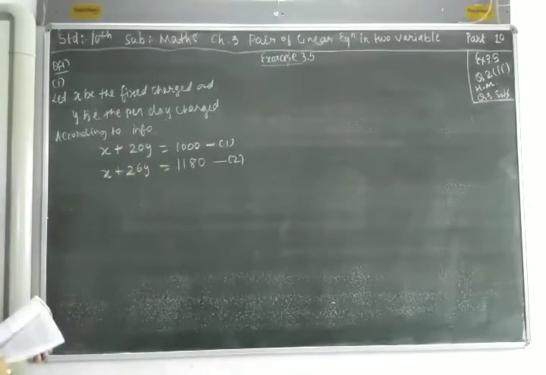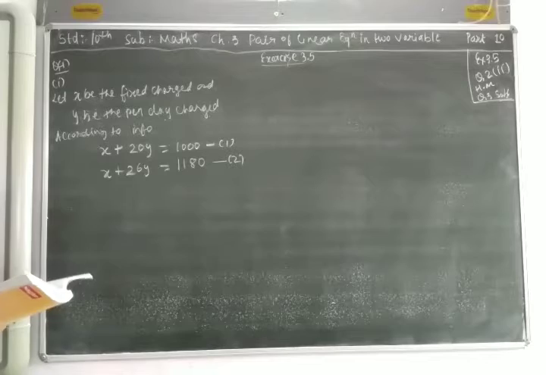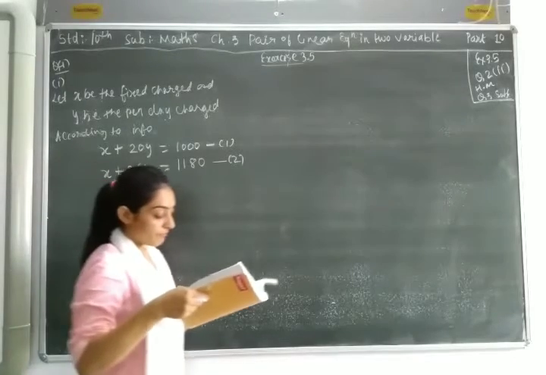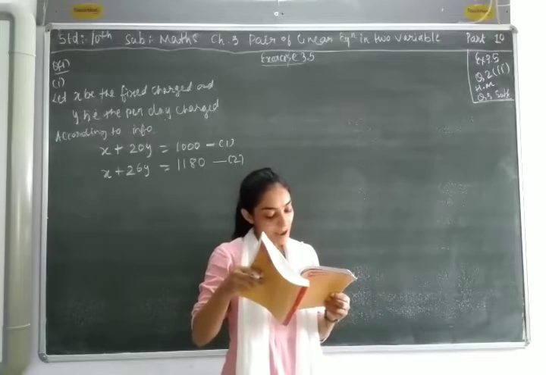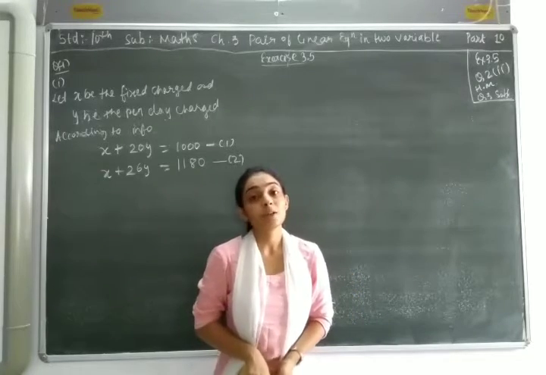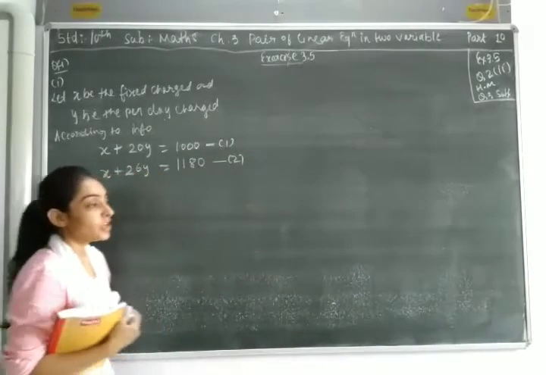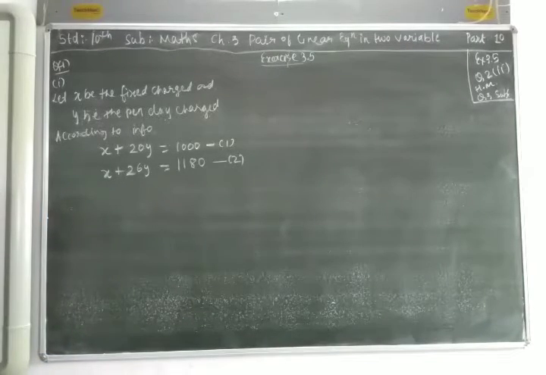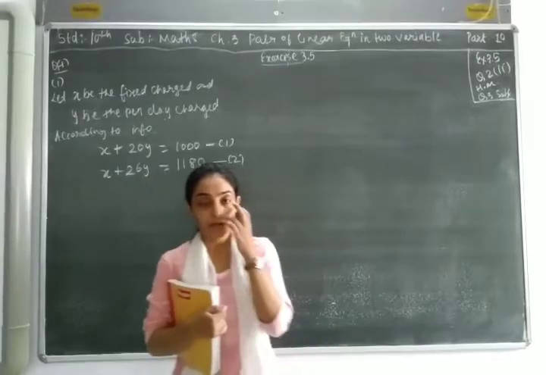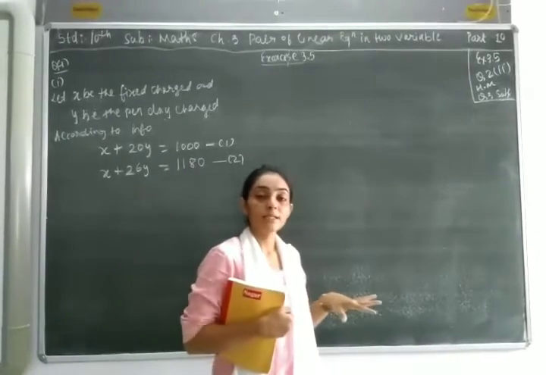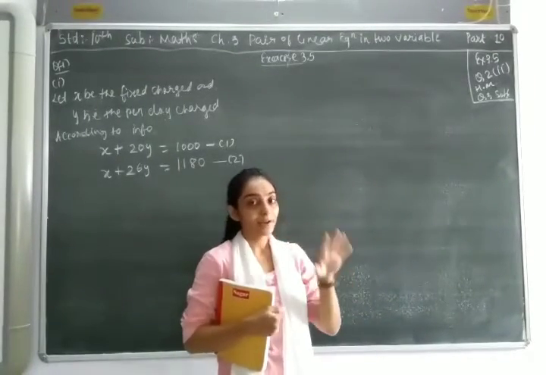Okay. Now see the question: find a pair of linear equations. Find their solution if exists by algebraic method. See, algebraic method, it means you can use any method. If you want to use cross multiplication, you can use that. If you want to use substitution method, you can use that one.